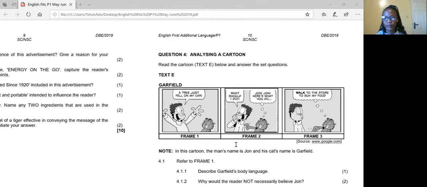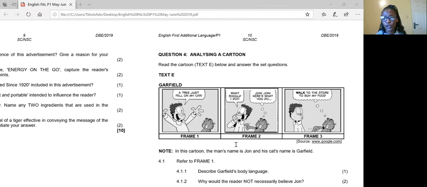That's why sometimes an examiner will ask, do you find this cartoon humorous? If the question comes in that form, you need to unpack the storyline and tell exactly how humor was created. When you see the word humor, just think of the word joke. How was this joke created in this cartoon?